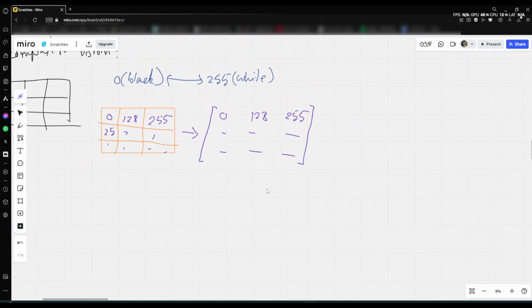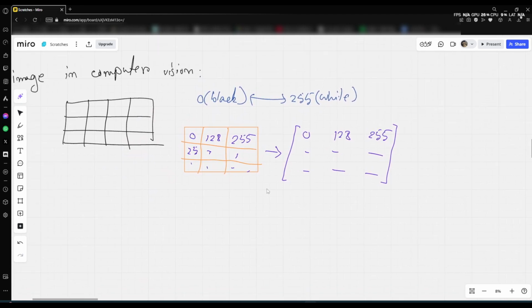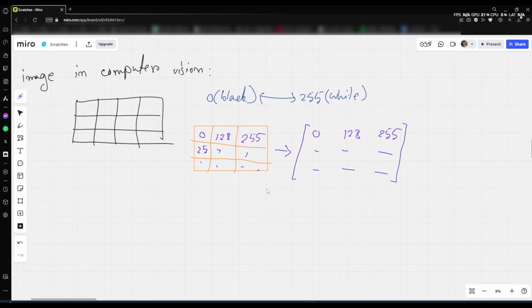And then we saw image in computer vision: images are made up of pixels, each pixel has its own code for colors, and images can be represented through a matrix. We just saw it here.